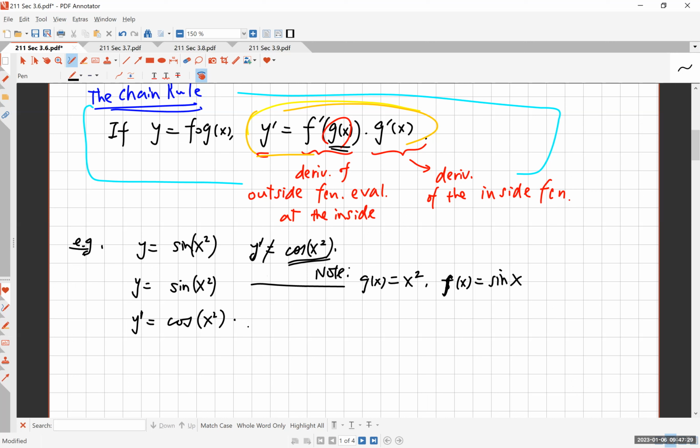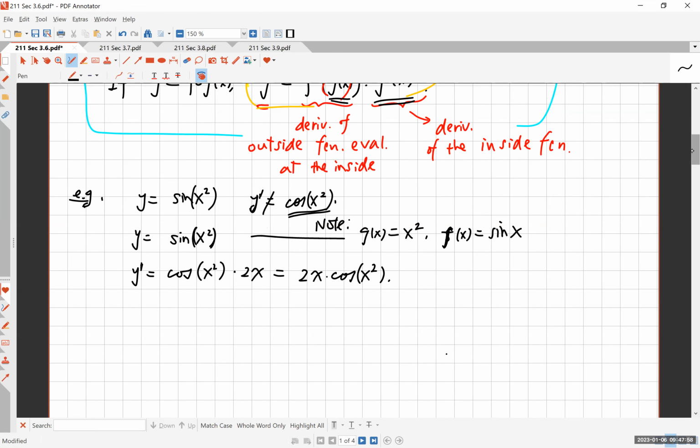And then you multiply this by the derivative of the inside function. So now you look inside the parentheses, that's x squared, and take the derivative of it. Typically we write 2x first. So the derivative of sine of x squared is 2x times cosine of x squared. That is the correct answer using the chain rule.